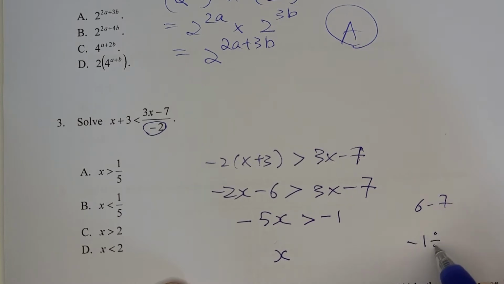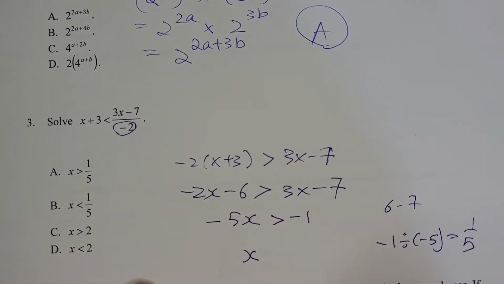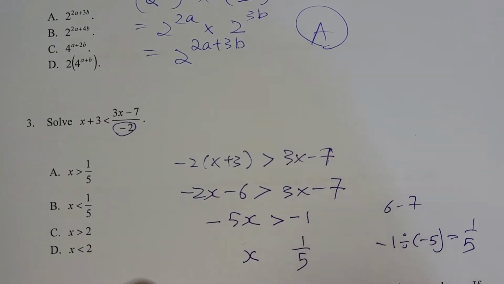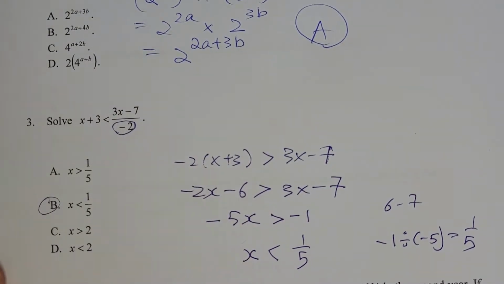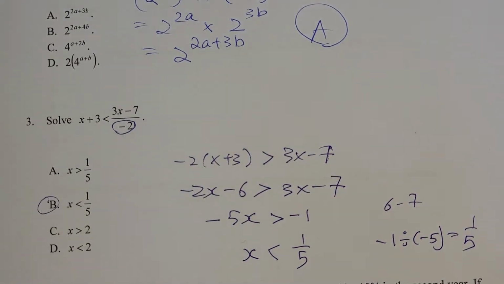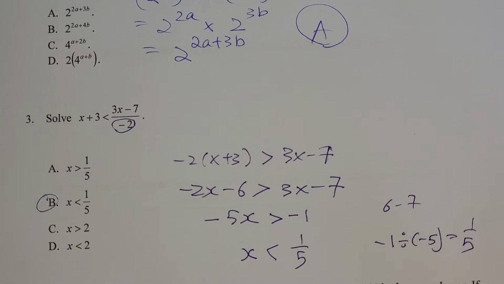And negative 1 divided by negative 5 is positive 1 over 5. So here is 1 over 5. But you need to change the inequality sign because you are dividing by a negative number on both sides. So the answer will be B. B for boy. So that's the end of question number 3.